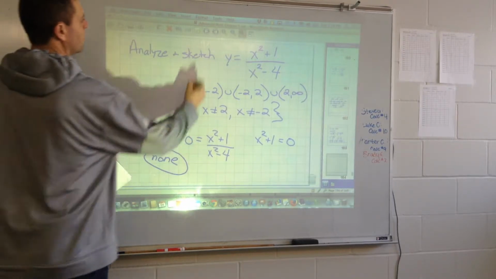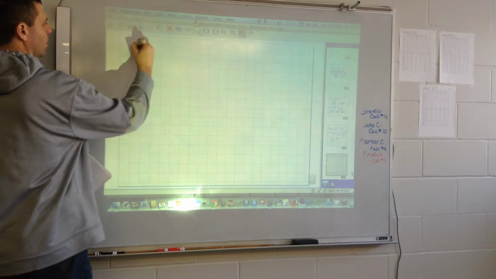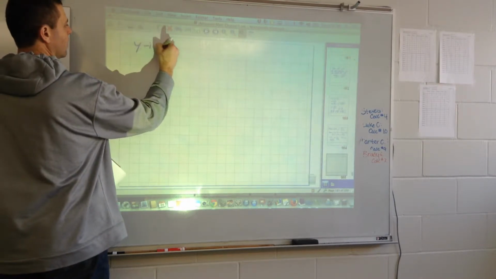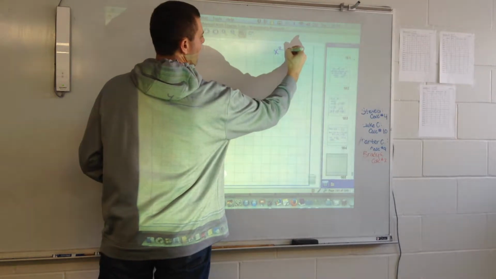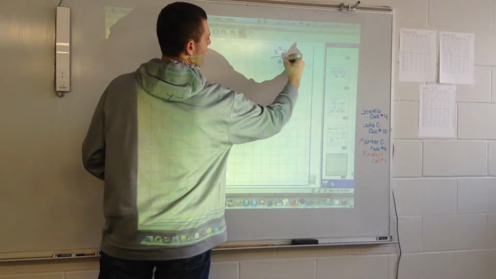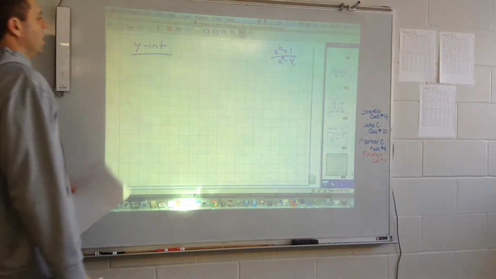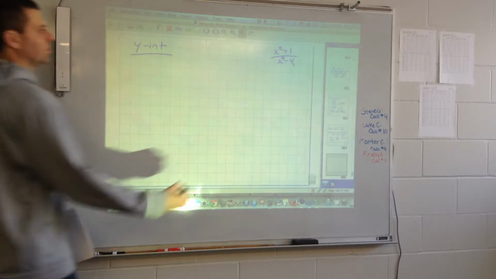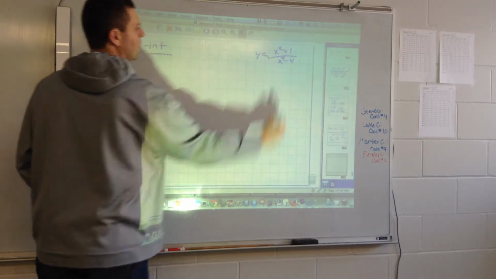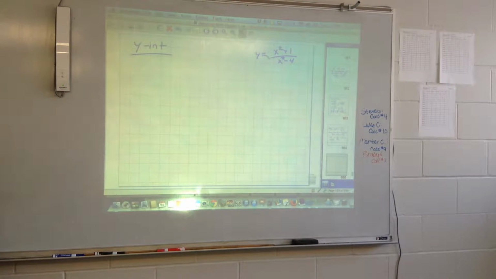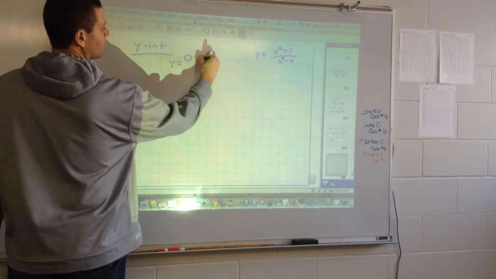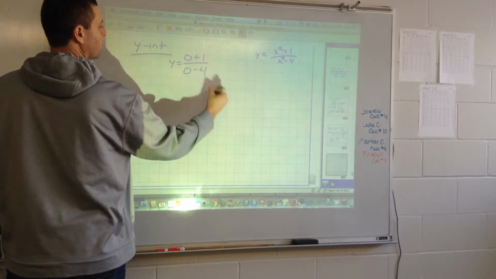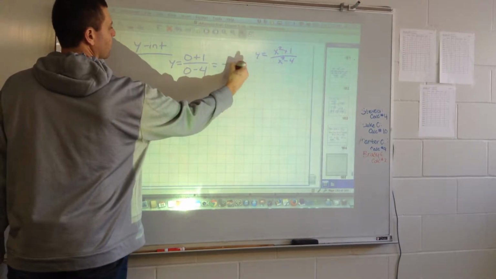Y-intercepts. How do you find those? Plug in 0 for x. So y equals 0 plus 1 over 0 minus 4, so negative 1/4.